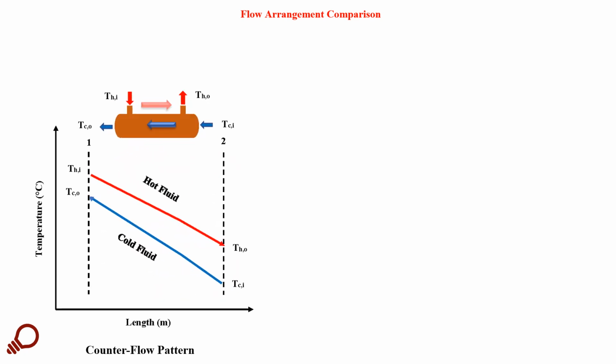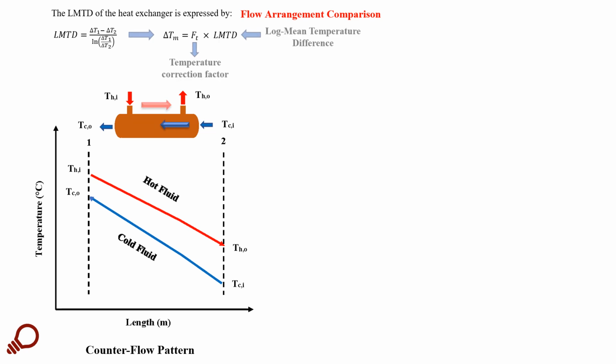So we now know that there are two flow arrangements in the heat exchanger. The first one is called the counterflow pattern, and in this pattern we may calculate the so-called logarithmic mean temperature difference, and the mean temperature difference, which is defined as F sub T times LMTD.